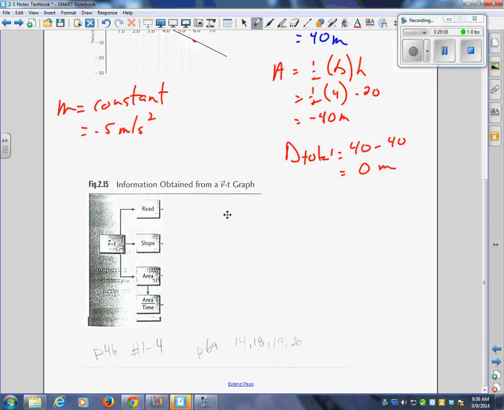Okay, so when you've got a VT graph, what do you read off the VT graph? Yes, V ints. When you're looking at the slope of the VT graph, you are looking at the acceleration.